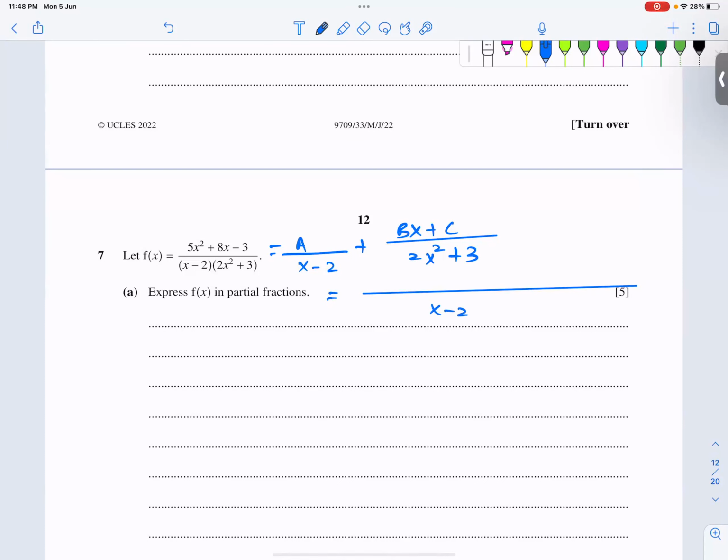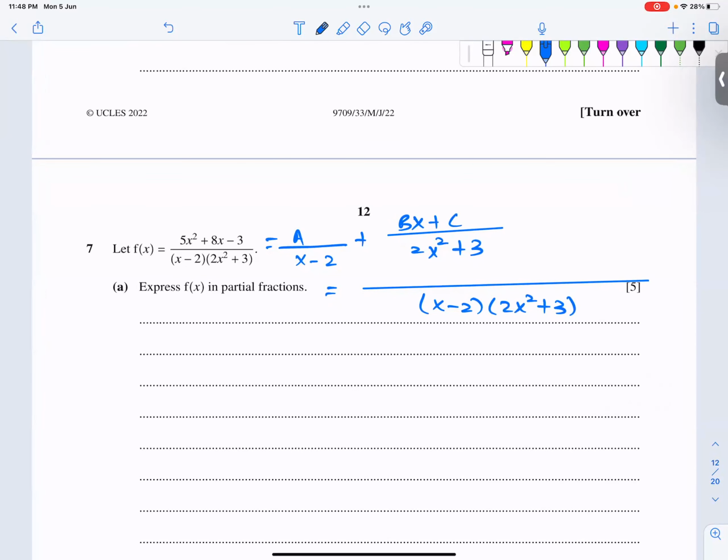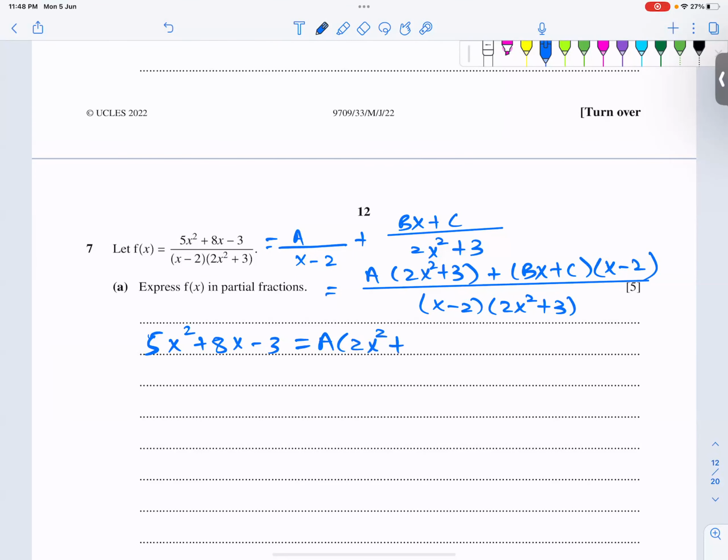Now take the LCM. This will become x minus 2 into 2x square plus 3, then cross multiply. a times 2x square plus 3 plus bx plus c into x minus 2. We can cancel out these two terms. So finally, we have 5x square plus 8x minus 3 is equal to a times 2x square plus 3 plus bx plus c into x minus 2.